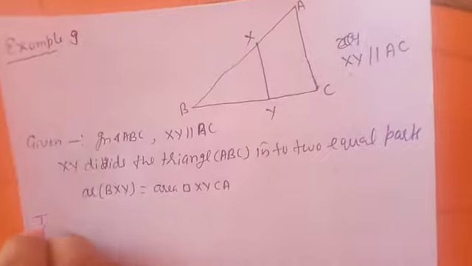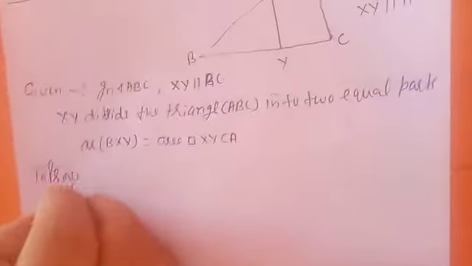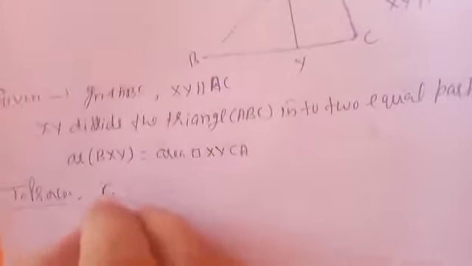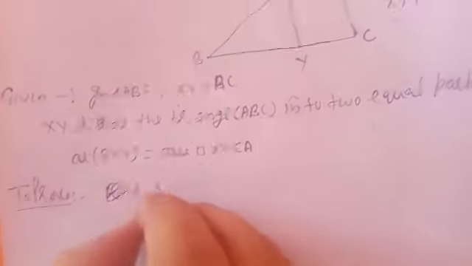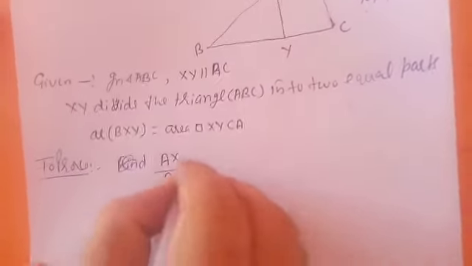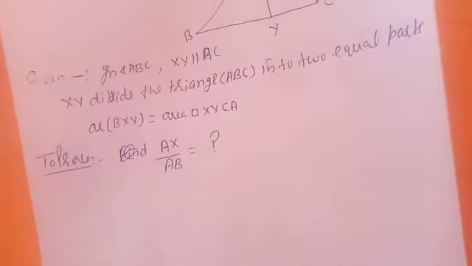To prove: find the ratio AX by AB is equal to what?